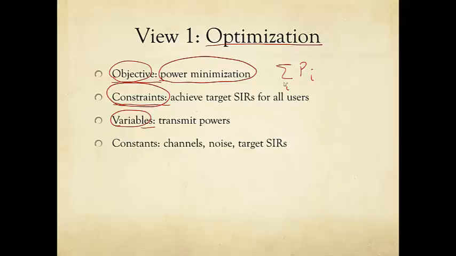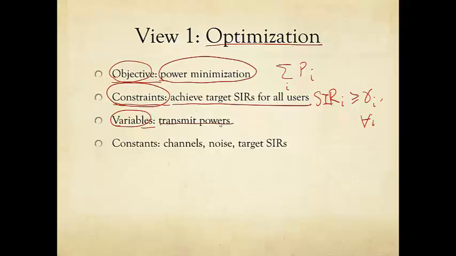This is a power minimal configuration, subject to the constraints that you have to achieve the target SIRs for all the users. The SIR for each user indexed by i must be no smaller than the target gamma_i. And you need this to hold not just for a single i, but for all i's.